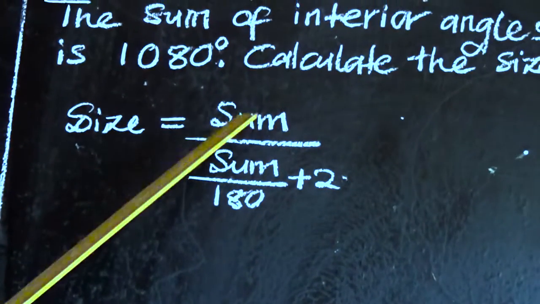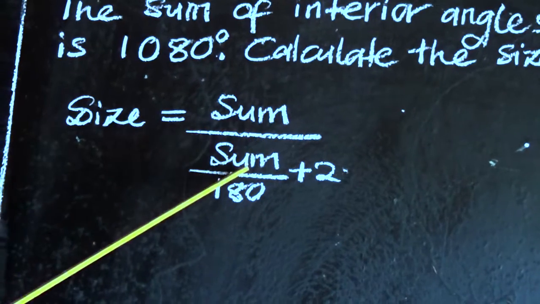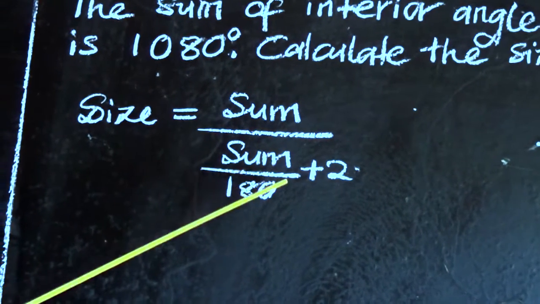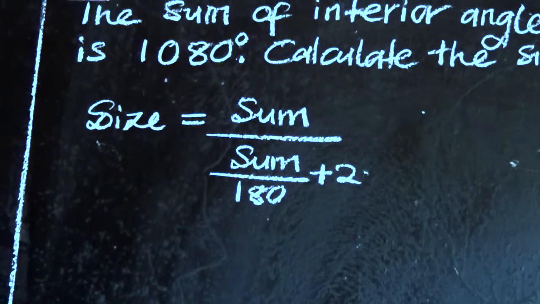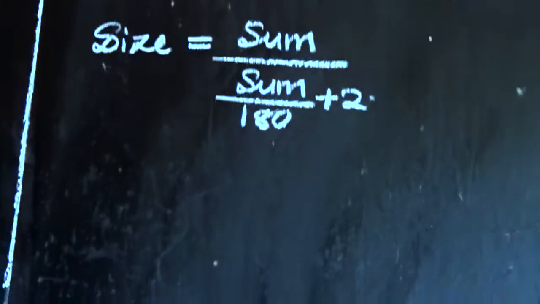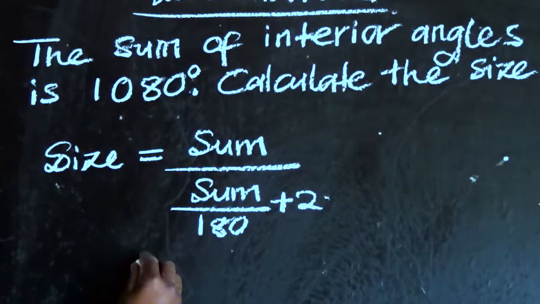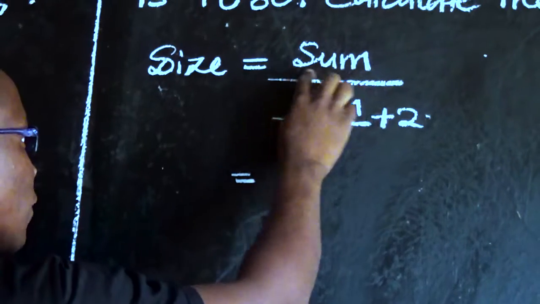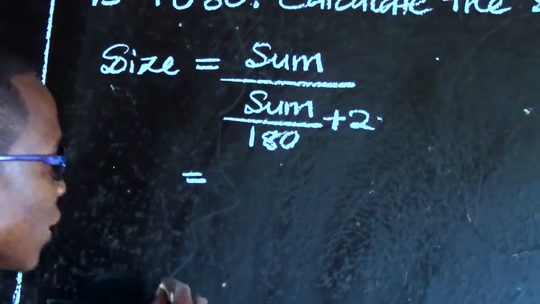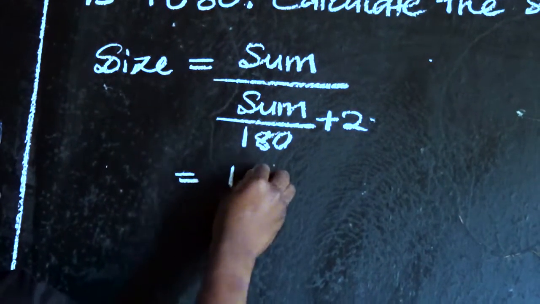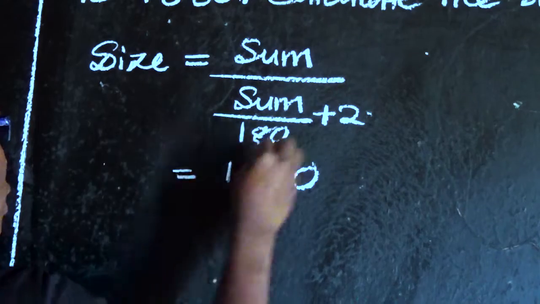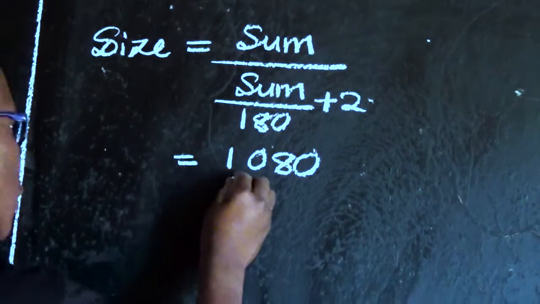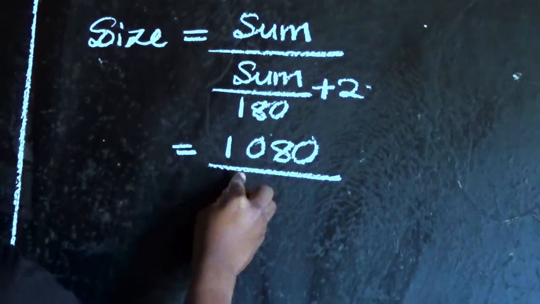Size is equal to the sum given divided by, the sum given divided by 180, plus 2. So we move on and say is equal to, what is our sum? The sum we've been given to be 1080. Are we together? Yes. Over, what is our sum?